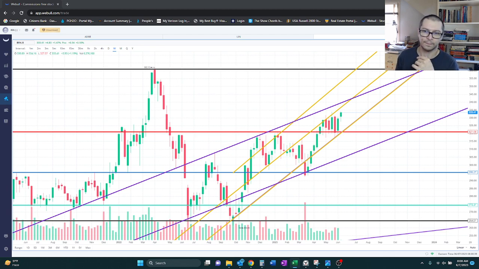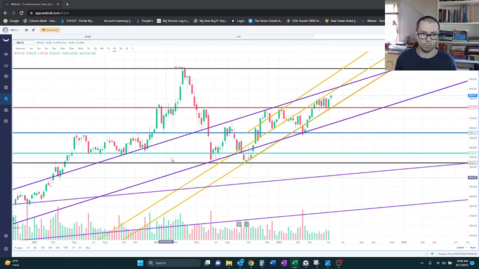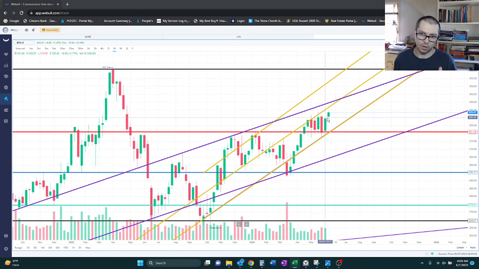But for now, I'm giving the yellow uptrend a certain amount of weight, but I also want to give weight to this darker purple uptrend line. I want to try to average the two together. While it's on the bottom half of that yellow uptrend line, it's also on the upper half of the purple trend line.